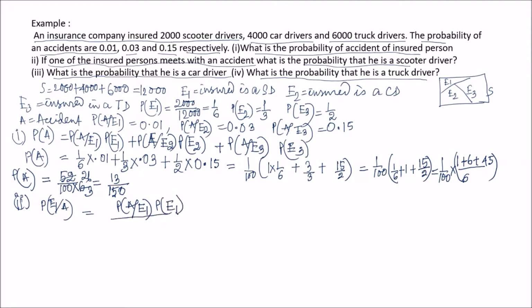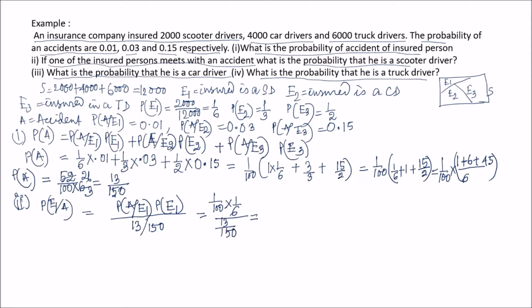The total probability we have already found, 13 by 150. So P(E1|A) is equal to how much? The numerator was 1 by 100 into 1 by 6, divided by 13 by 150.